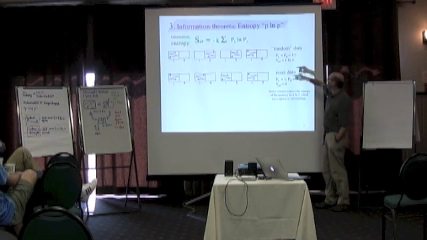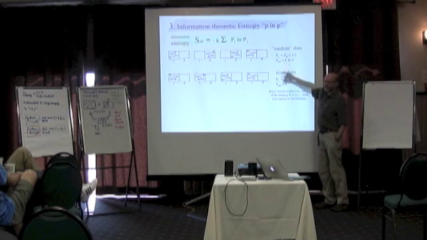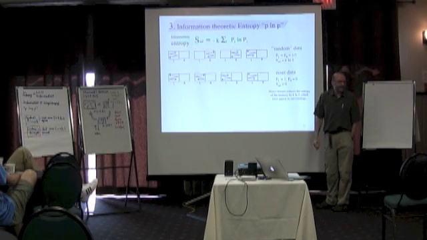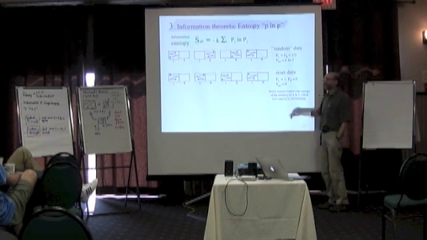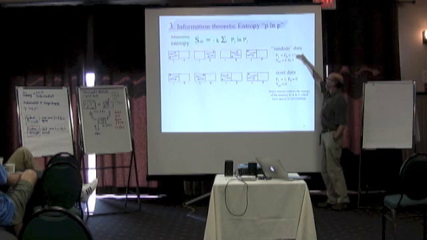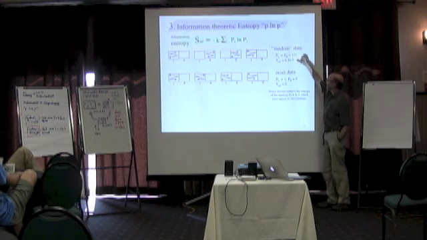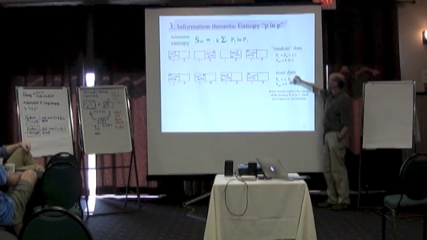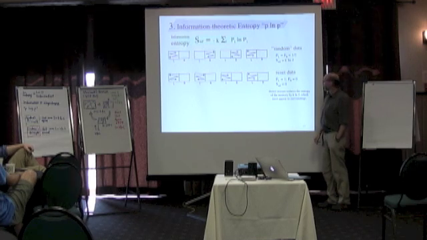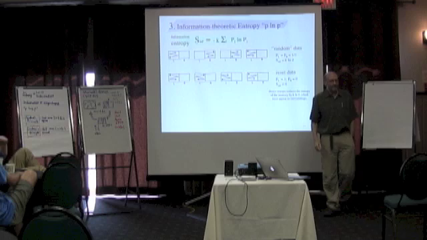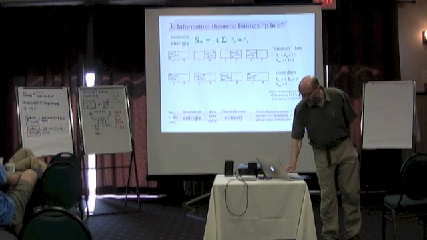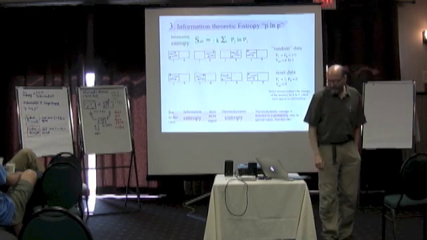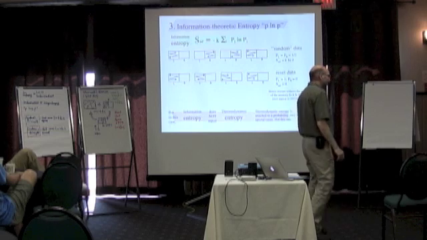For information, you get... I put in k just as an arbitrary constant. If you're using Shannon's formula, k doesn't have molecular significance, but that's by the by. The random data will have that information theoretic entropy. The reset data, when you do the sums, will have zero information entropy. Now, this was your concern. That's one sort of entropy. Is it the right sort of entropy? No, it's the wrong sort of entropy.